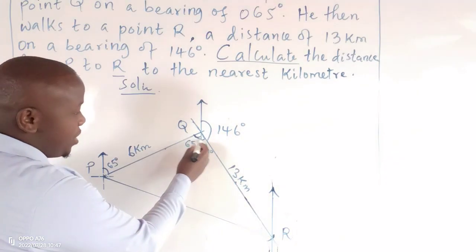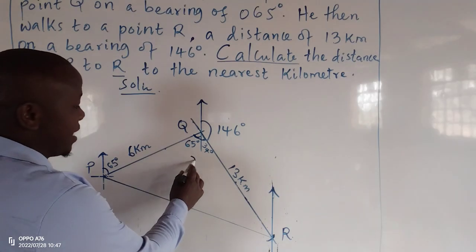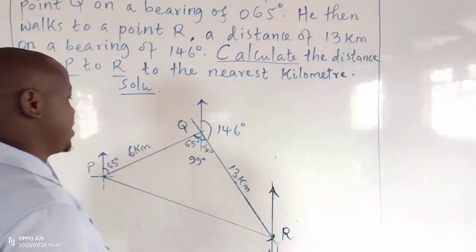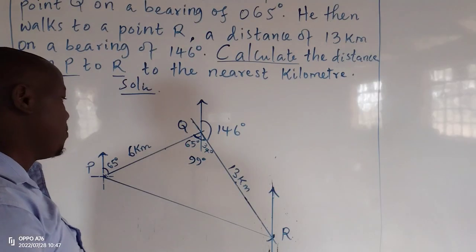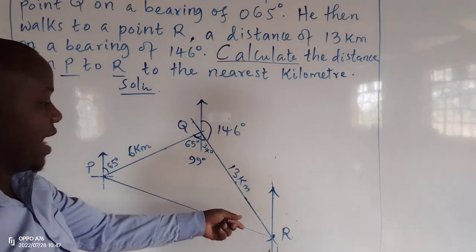Then the total angle we have here can also be determined, and it is going to be 99 degrees. So we have the whole of this angle, and apart from that, we have these lines making up the angle.